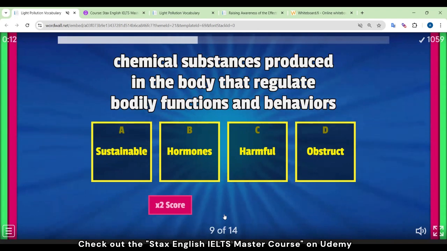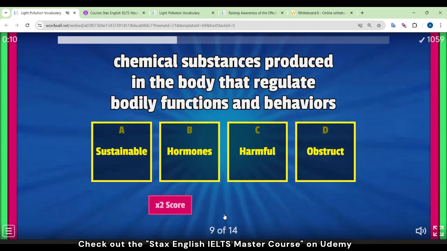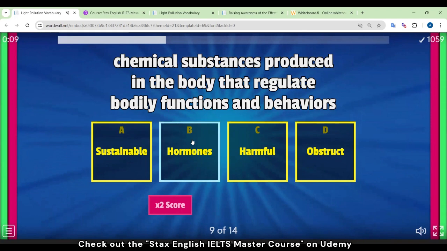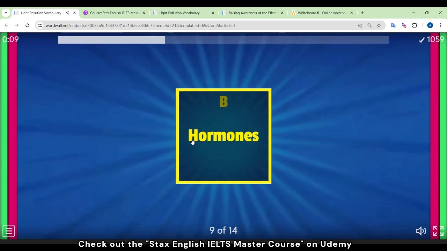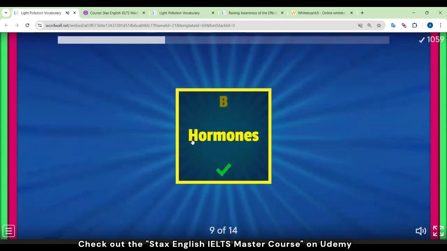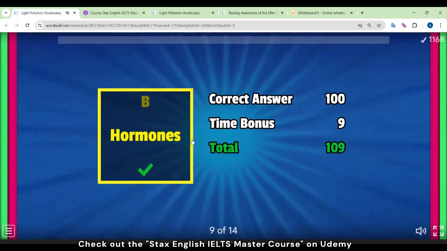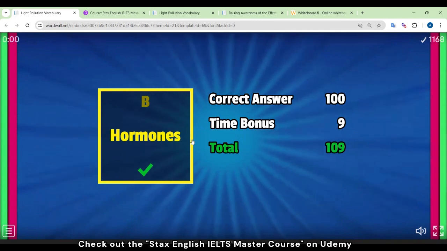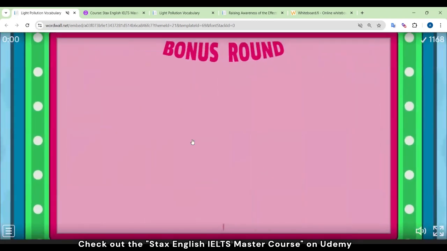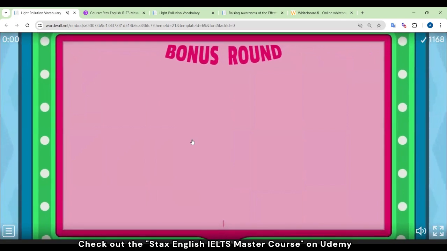These are chemicals in our body, in our brain. And hormones. Hormones, well done. So our hormones make us happy, sad, angry, or whatever else. Very good. All right, doing well so far. Another bonus round now.